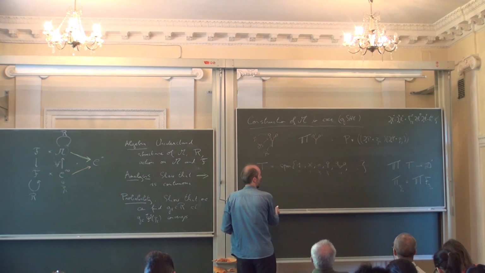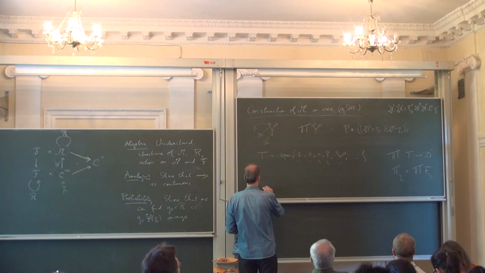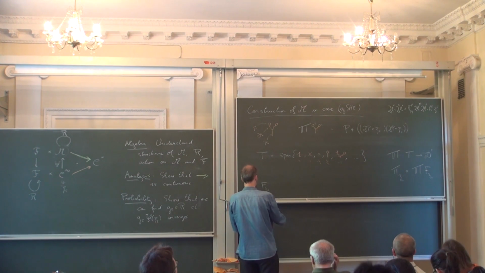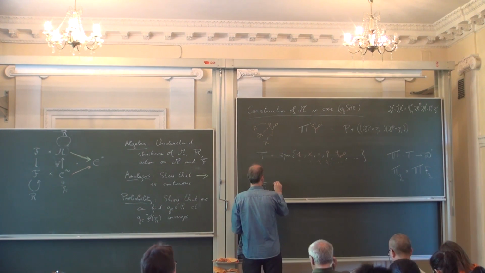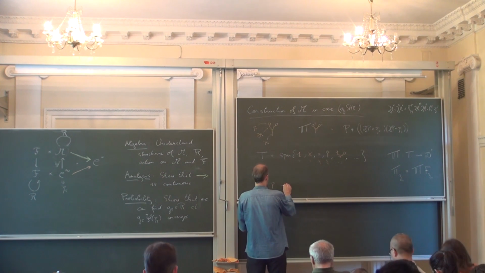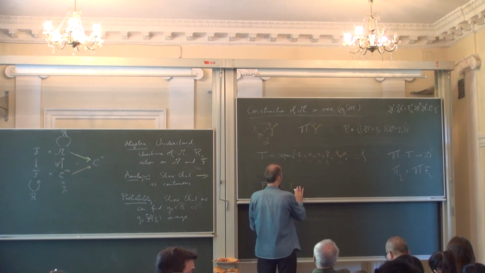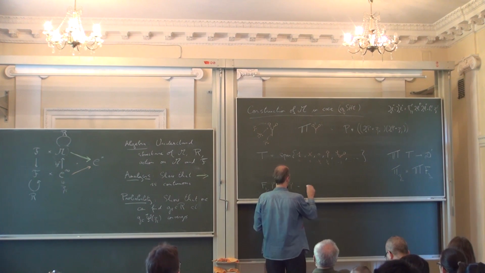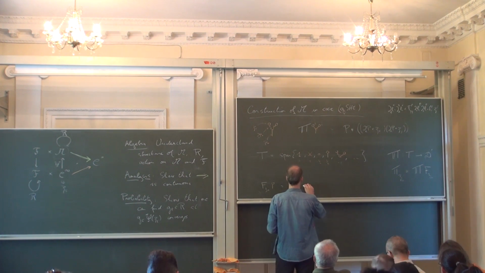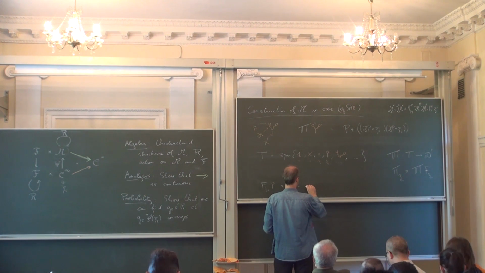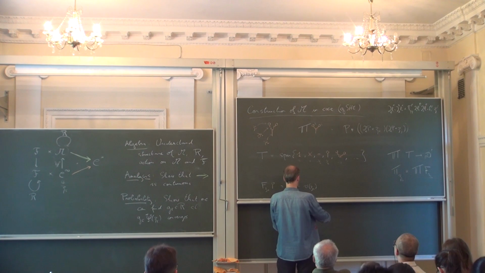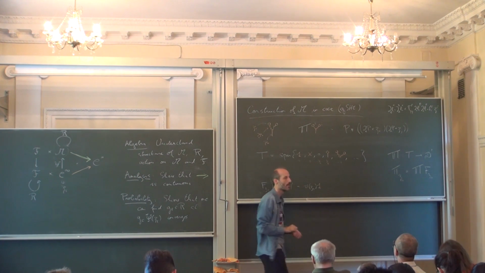So in the example that we had yesterday, for example, F_{z_0} of this guy here was something like the guy itself minus the value, so let me write v(z_0) times 1.